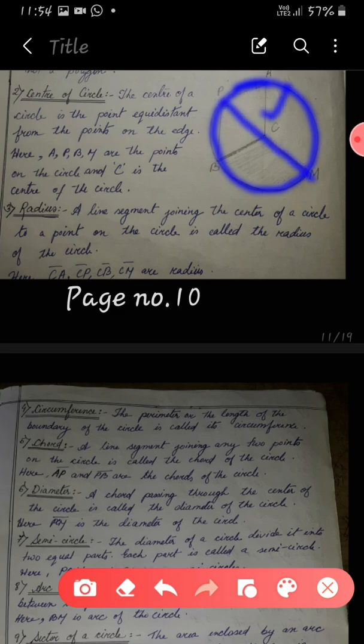So this part is half. PAM forms one part and PBM forms one part. These two half parts combine together to form the full circle. So semicircle means half of the circle. Just keep it in mind.